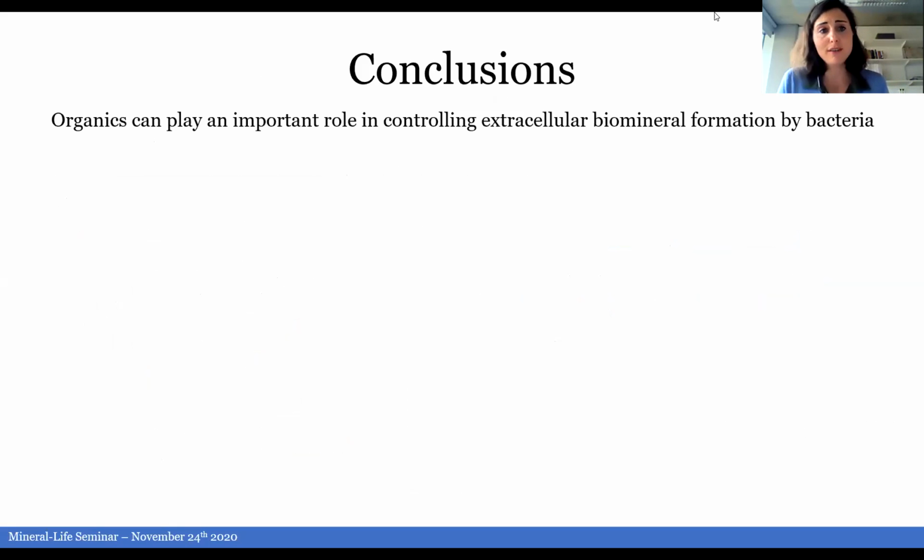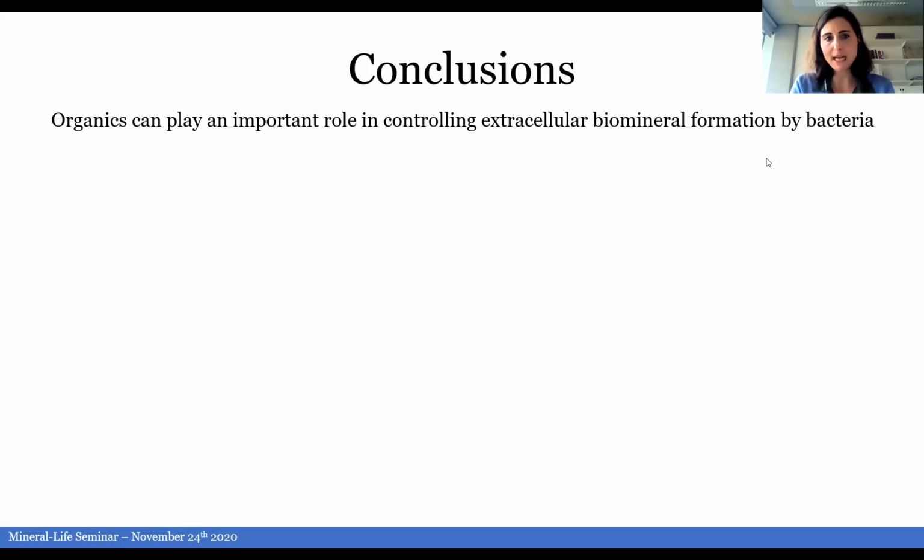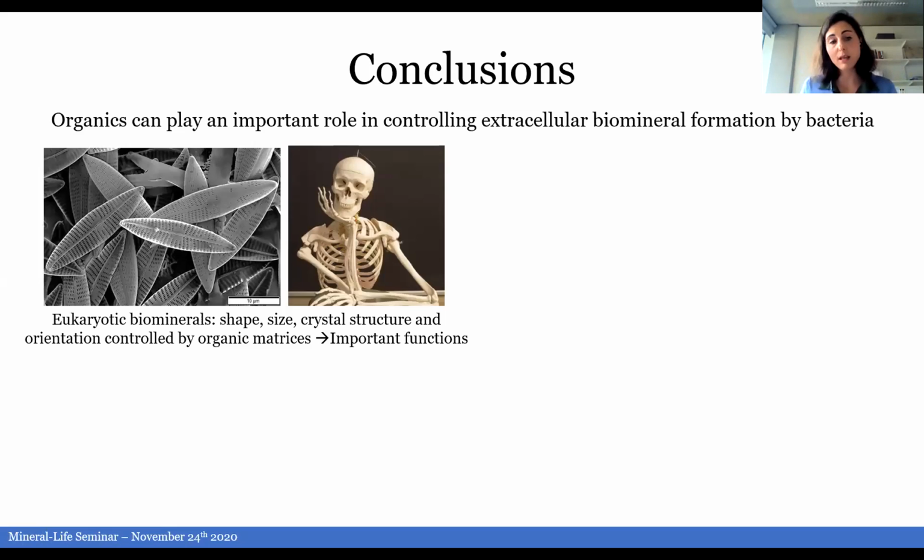So for the conclusion, my take-home message is I think that organics can play an important role in controlling extracellular biomineralization by bacteria. And it is not necessarily a very groundbreaking idea. If we think about eukaryotic biominerals, they are often extracellular, and their formation and their properties like shape, size, crystal structure and orientation are strongly controlled by extracellular organic matrices.